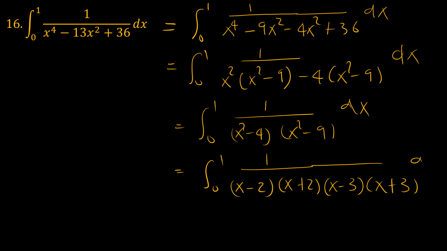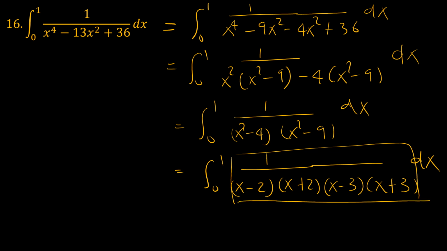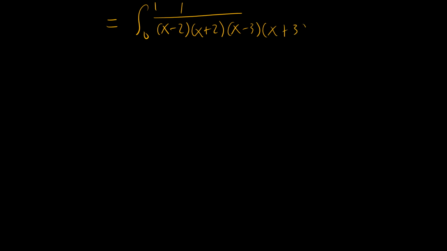So we can create a partial fraction out of this integrand here and then solve every item at a time. So our integral, as we said, is from x equals 0 to 1 of 1 over x minus 2, x plus 2, x minus 3, x plus 3.